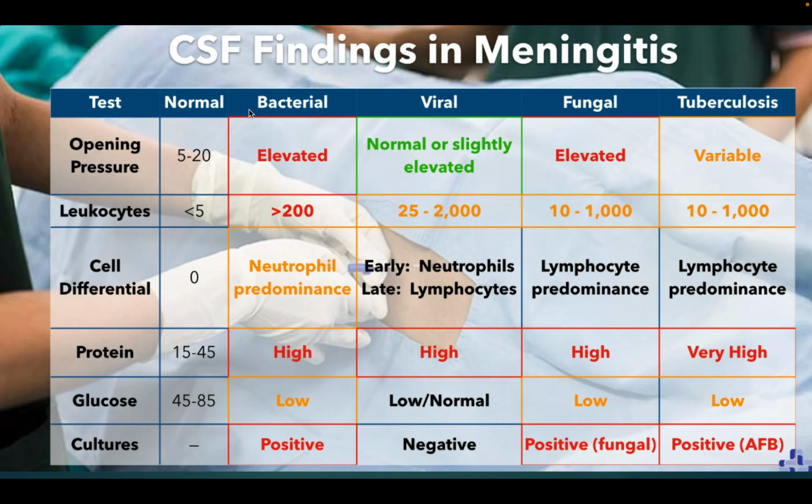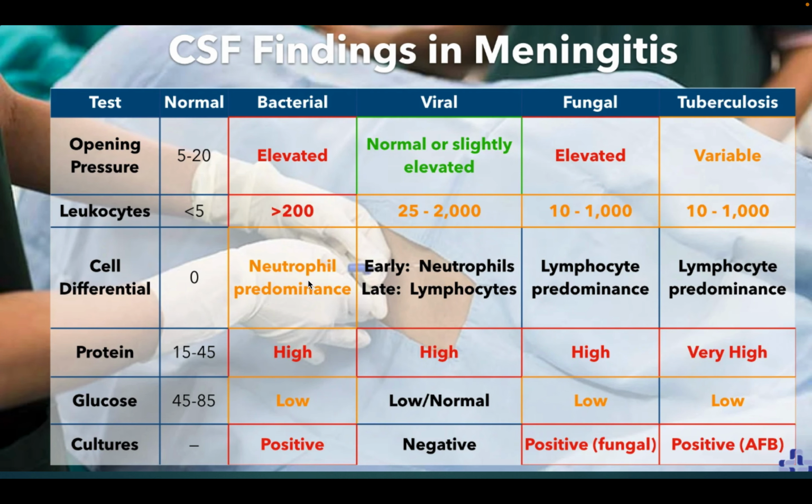Let us talk about bacterial meningitis. The opening pressure is elevated. The normal leukocyte count in a CSF is less than 5, but in bacterial it can be more than 200. The differential counts would be predominantly neutrophilic.